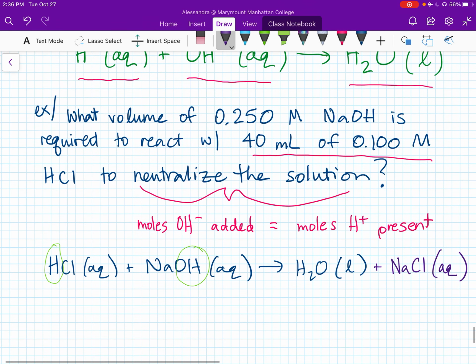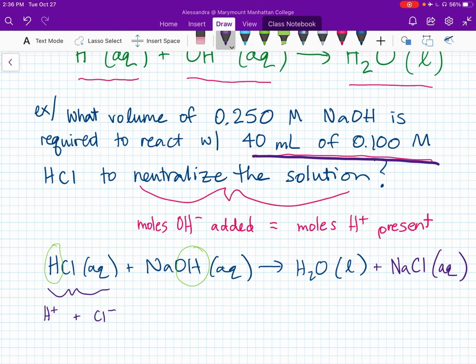So we can translate the amount of the volume and the molarity of HCl into the number of moles of H plus that we have. Because remember, H plus is going to be produced by the HCl, right? So that really is complete.